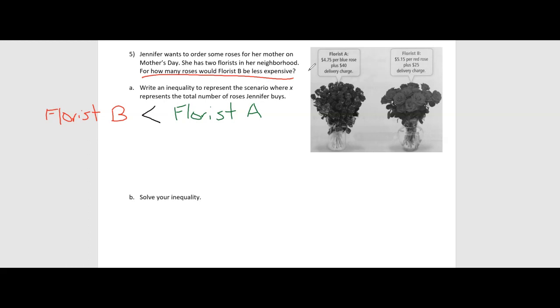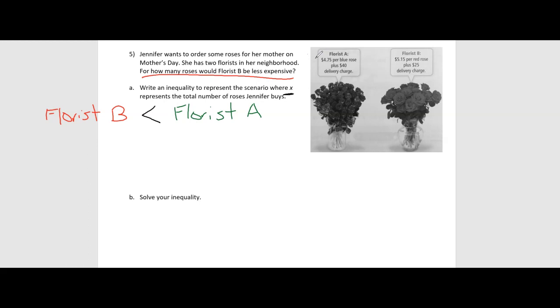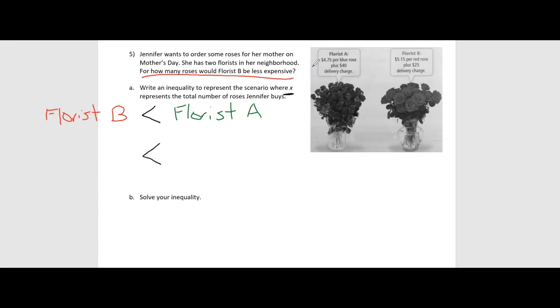All right, so florist A, $4.75 per rose plus $40 delivery. So if X represents the number of roses, we'll do florist A first, I guess. Keep our inequality sign.